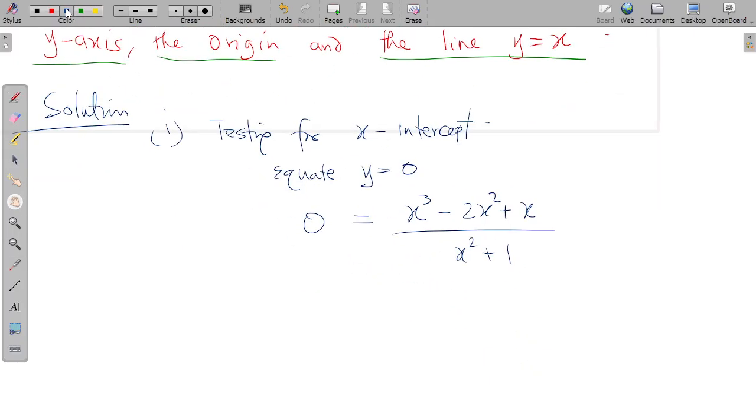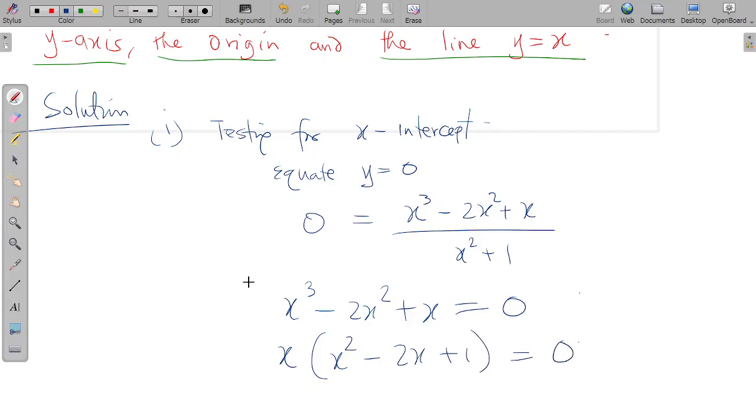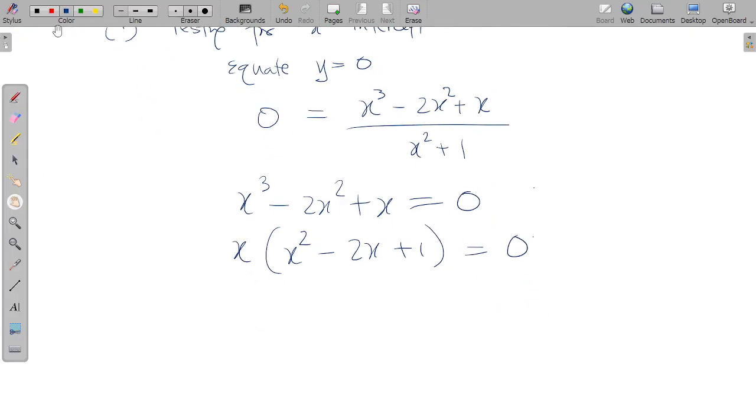When you cross multiply, we have x cubed minus 2x squared plus x equals 0. Now you factorize x out here. You get x times x squared minus 2x plus 1 equals 0. So what we have here is that x equals 0, or x squared minus 2x plus 1 equals 0.